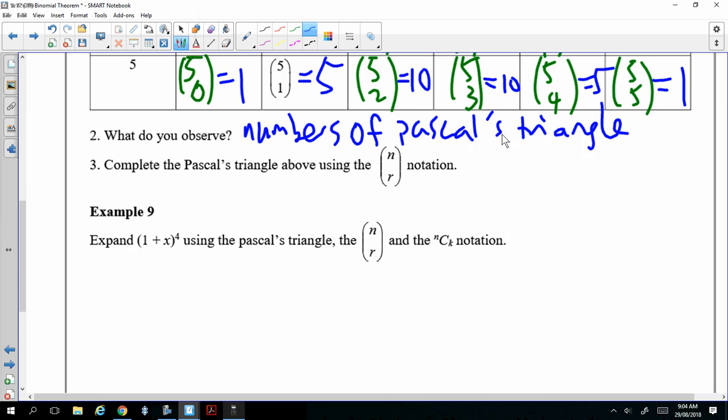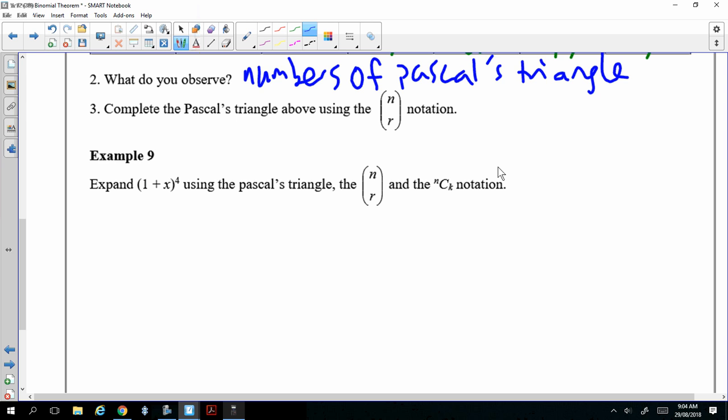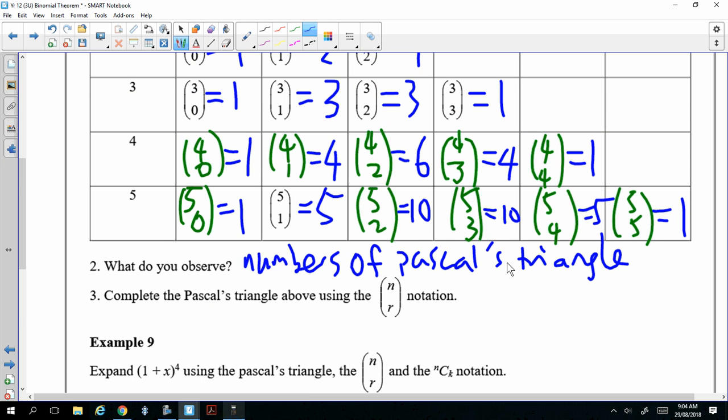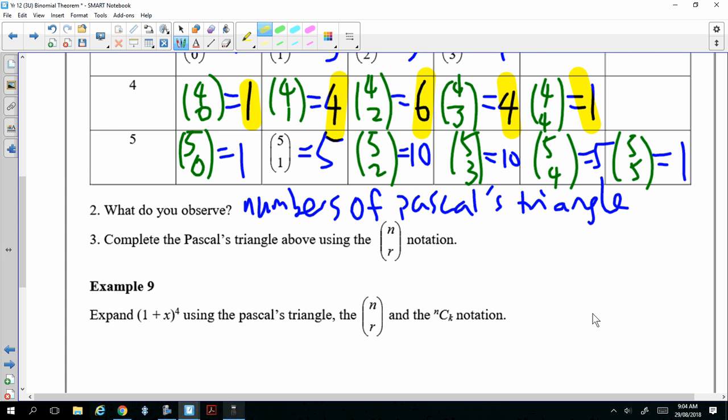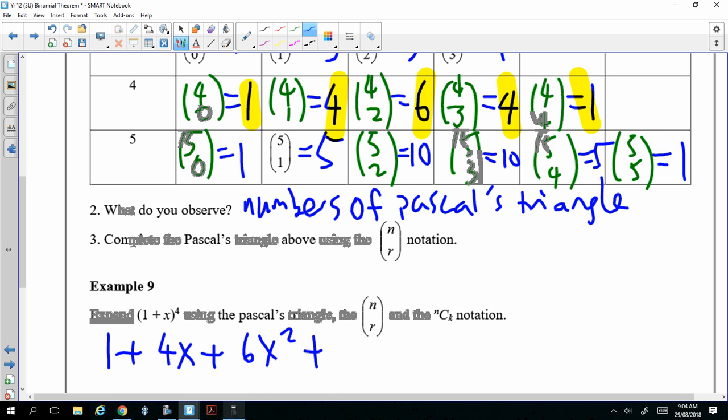So what I want to do is, example 9 is to expand this using the Pascal's triangle. So you'll use these numbers. You'll use the numbers 1, 4, 6, 4, 1 to expand. So let's expand this. So you write 1 plus 4x plus 6x squared plus 4x cubed plus x power 4.